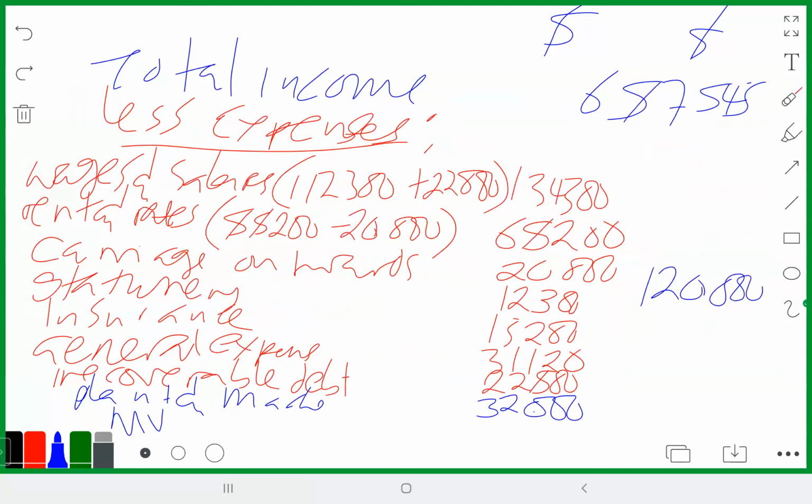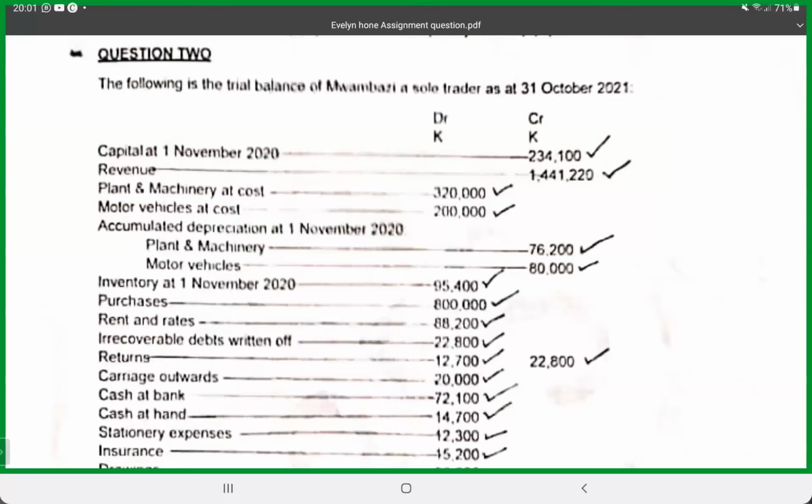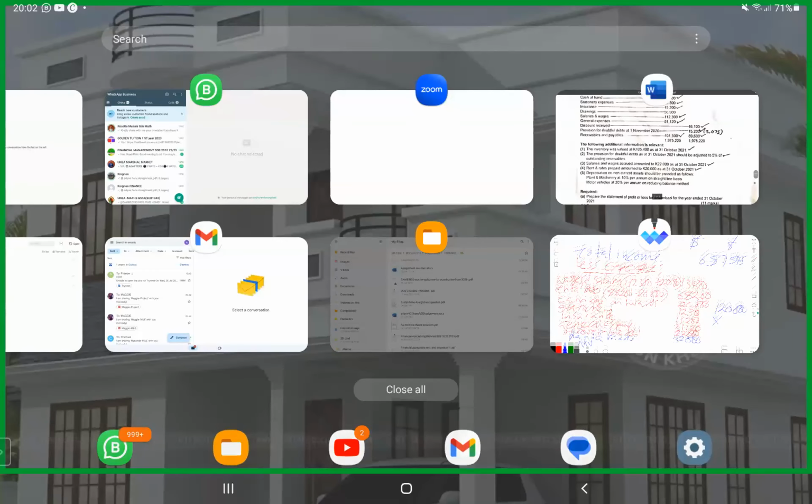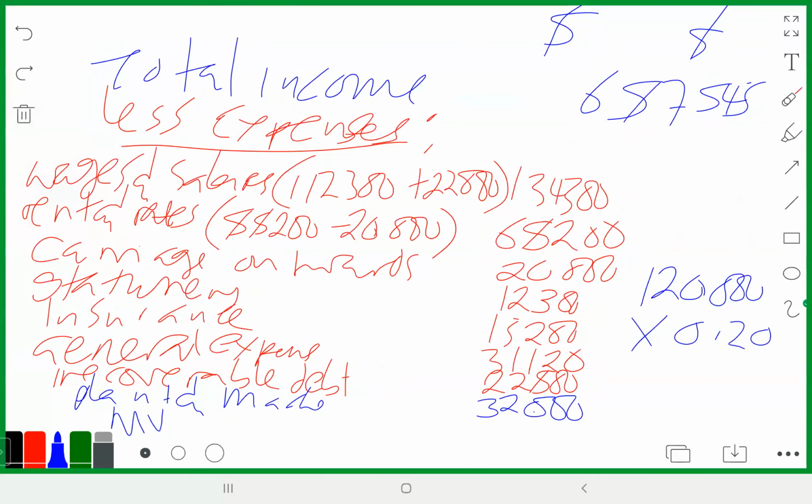Now you take the percentage of 120,000. What is the percentage? Let me check. 20%. Do 20% of that, which is 0.20. That is going to be our depreciation.